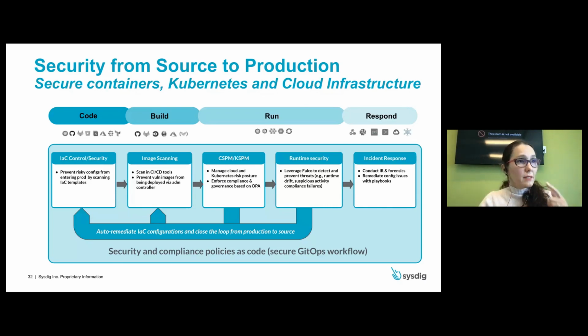You have to do this on a continuous basis. We also provide configuration checks for your Kubernetes control plane as well. So both the cloud infrastructure and your Kubernetes infrastructure need to be checked, to see that what has been defined as infrastructure security is in place and stays in place.